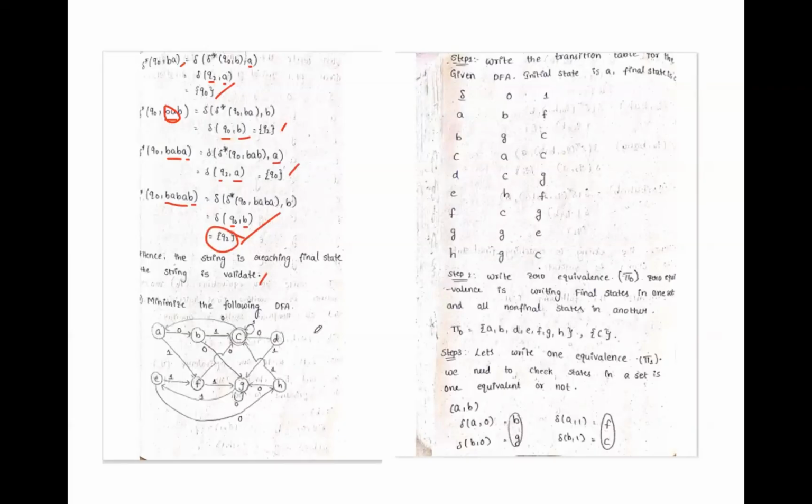Then coming to the second question, minimization of the following DFA. So this is the given question. From this, first we need to draw the transition table like this based on the transitions.